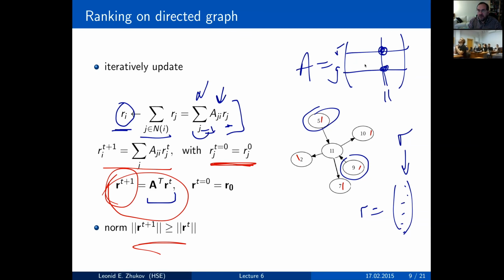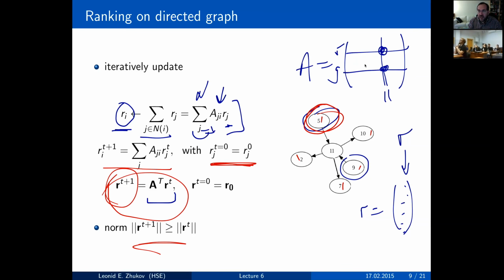And if we try to re-rank them based on the rank of incoming nodes surrounding it, we will get zeros because node 5 doesn't have incoming links. So just as is, this process will not work. Now, if matrix A was symmetric, which means the graph was undirected, this process would work.